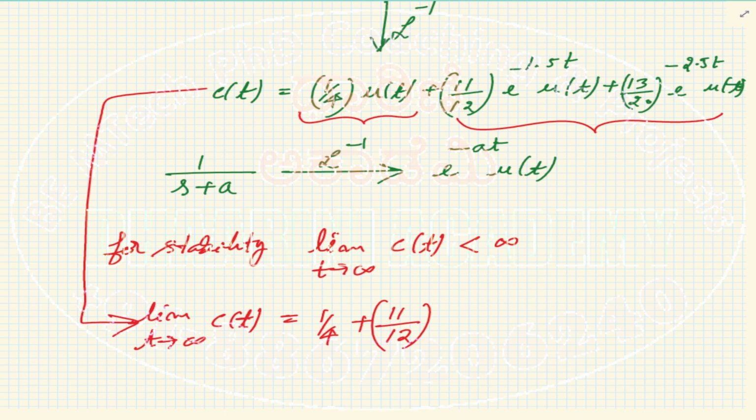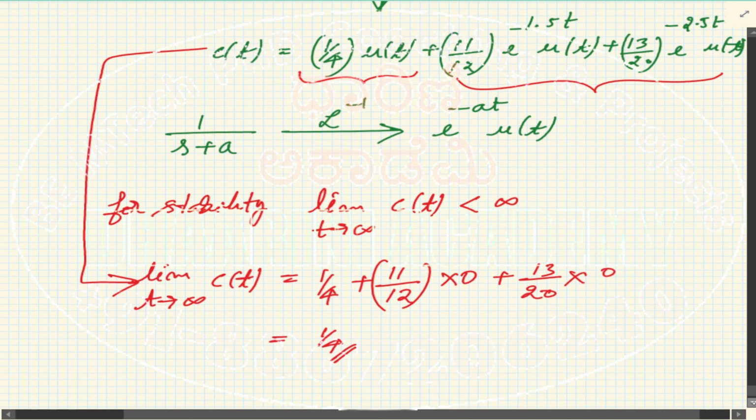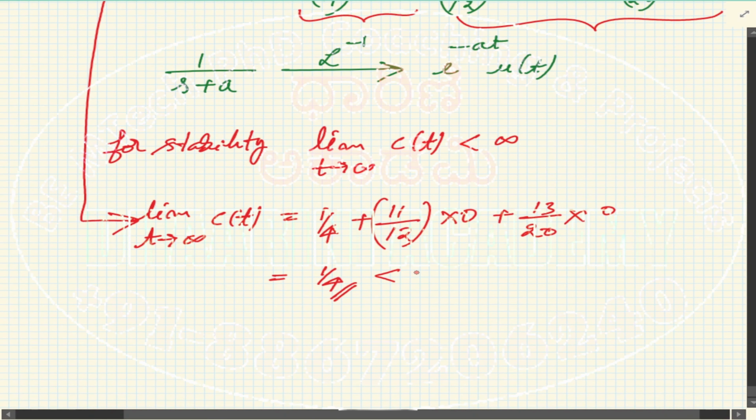Because it is e to the minus infinity. That's a 0. Correct. So 13 by 20 into that's also 0. Correct. So we can see that this value, right, after a long time becomes 1 by 4. Right. So it's less than infinity. So this given system is said to be stable.